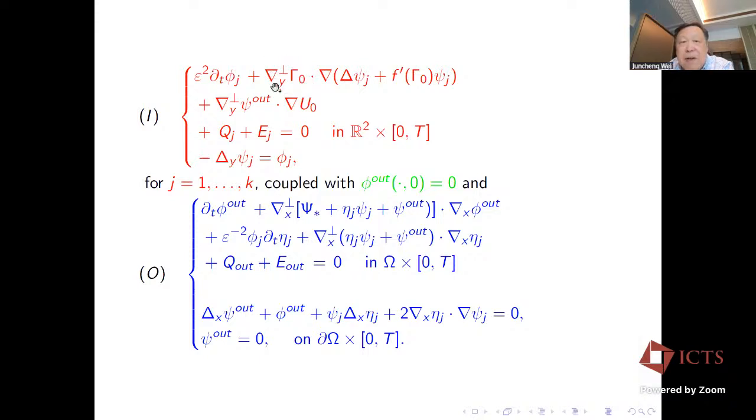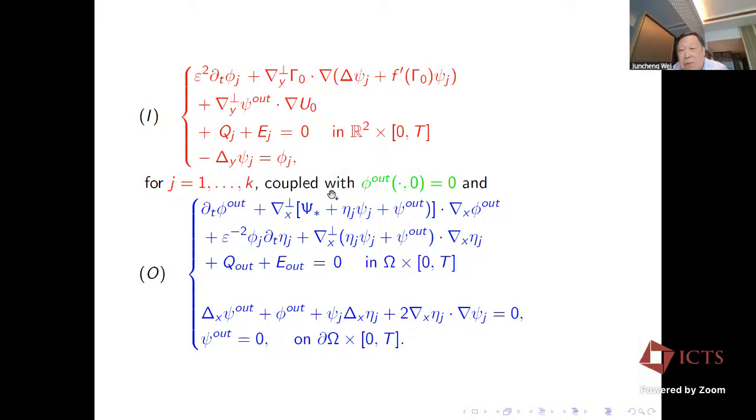This gradient of gamma 0 is a singularity because gamma 0 is like log r, so this one is like 1 over r. This one is a big singularity, so the inner problem takes care of the singularity.